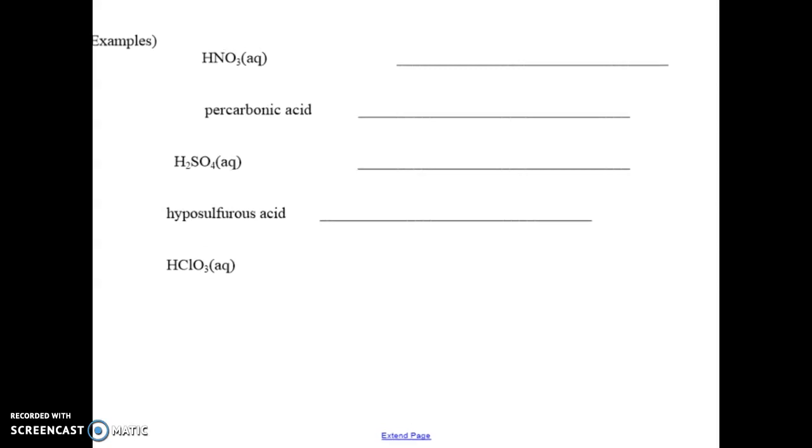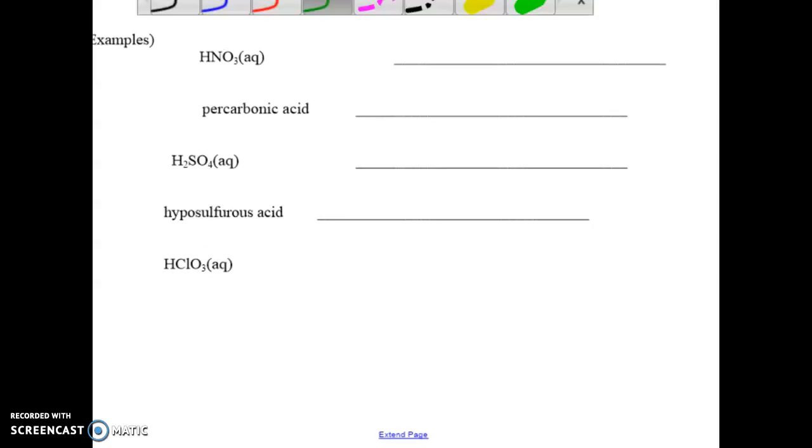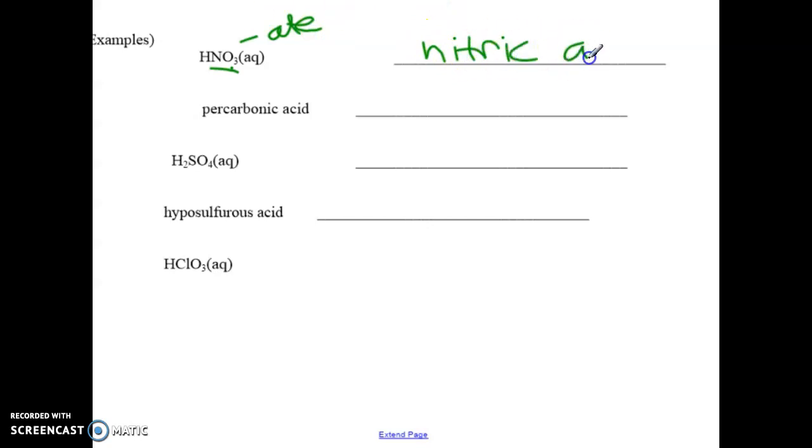Okay, so I just copied them onto the next page so it's a little bit bigger for us. So when we're looking at this, HNO3, we're going to look at NO3, that's nitrate. Remember, this is a polyatomic ion, so we do not put hydro in front. Because this ended with ate, this should be nitric acid, right? So when you're reading a name, if you do not see hydro in front, that's a reminder that you are dealing with a polyatomic ion.